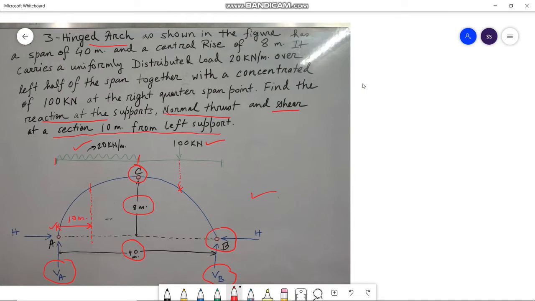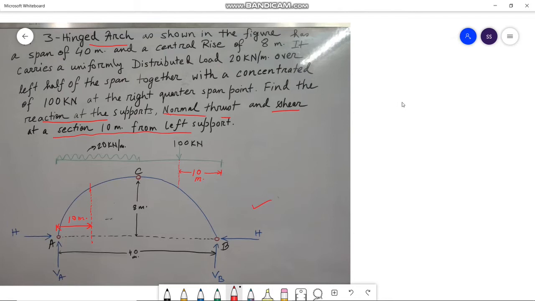Now let us solve the problem. One thing to keep in mind is that this particular arch is a circular arch.